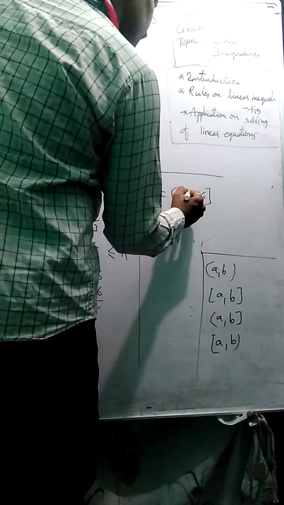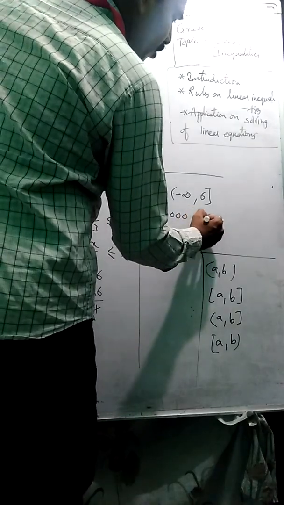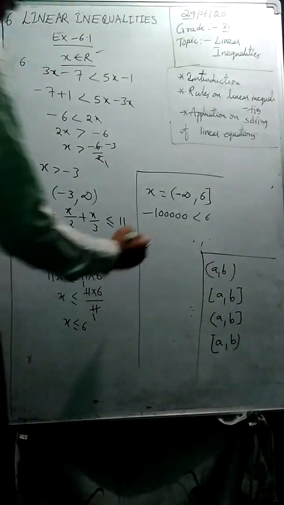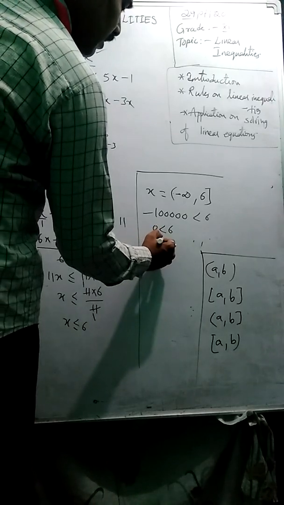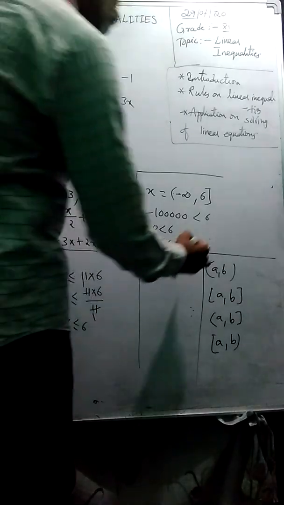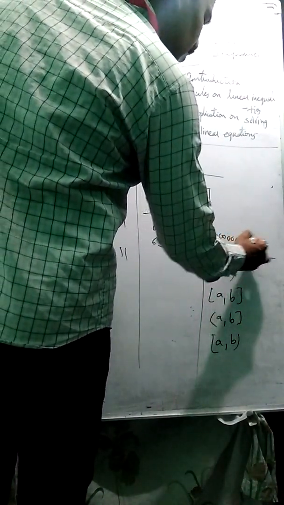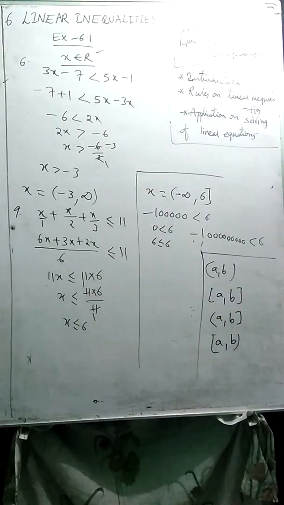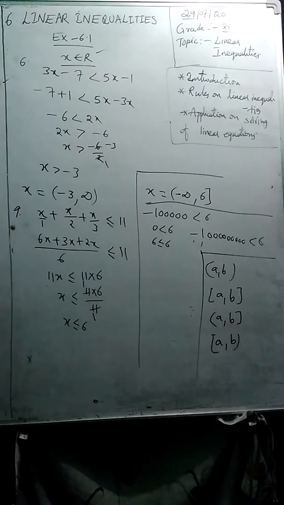If I take minus 10 lakhs, is it not less than 6? 0 is less than 6, 6 is less than or equal to 6. So is there any end? This also is less than 6. So which satisfies the given linear inequality?